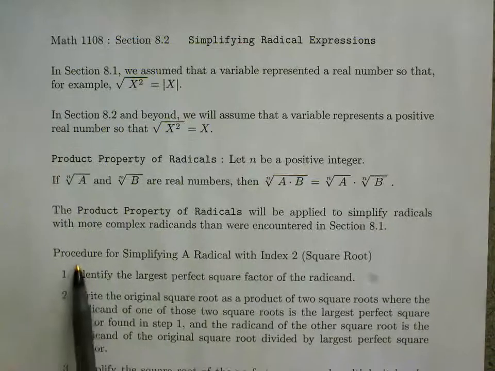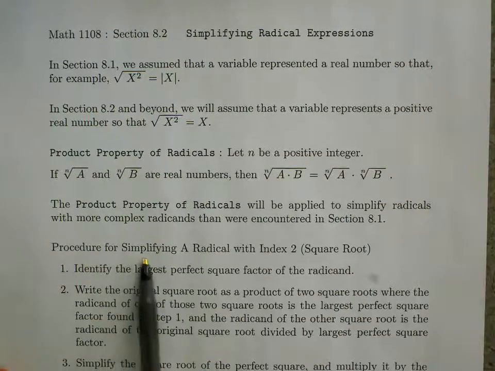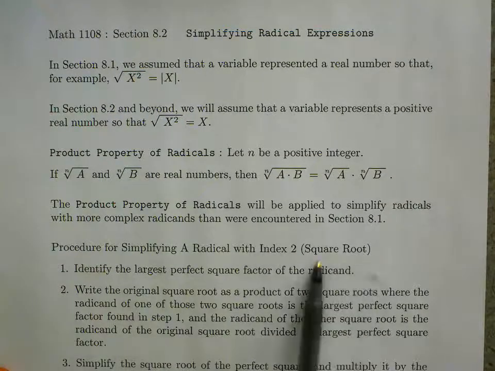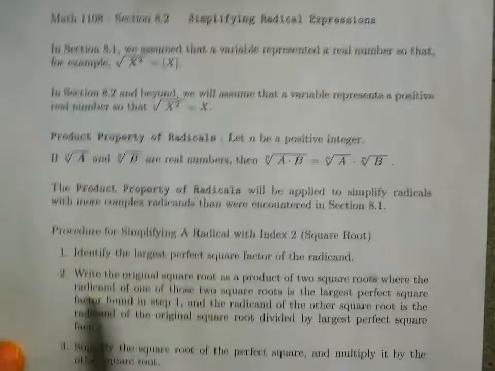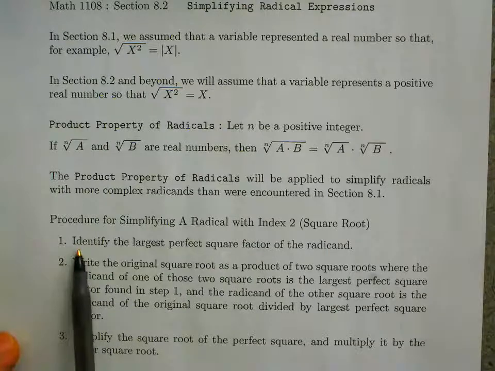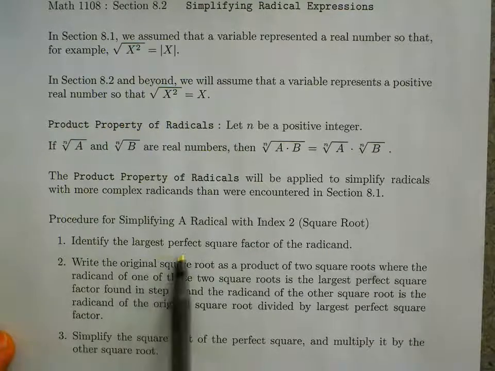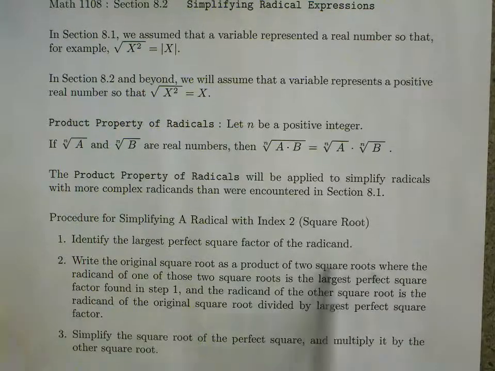So here's the procedure for simplifying a radical with index 2, the square root. The first thing we do is identify the largest perfect square factor of the radicand.